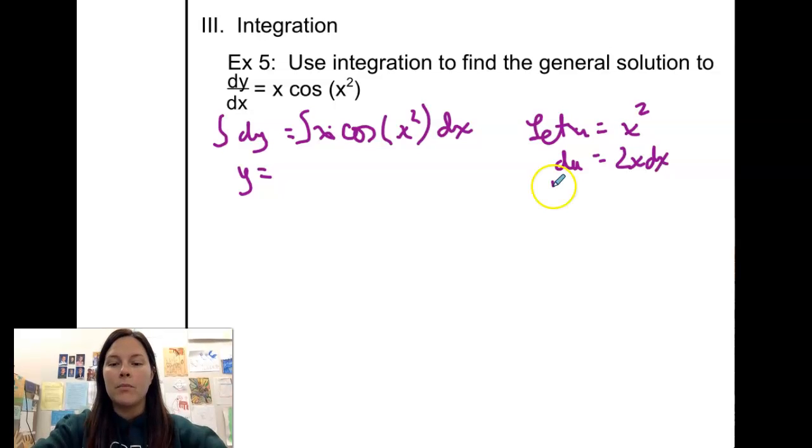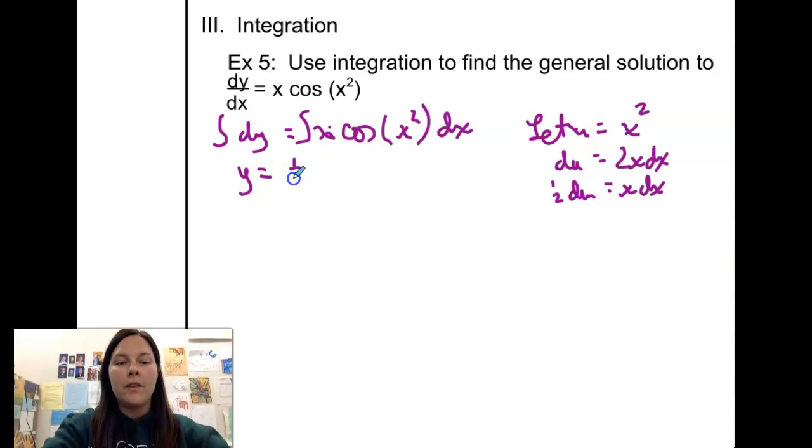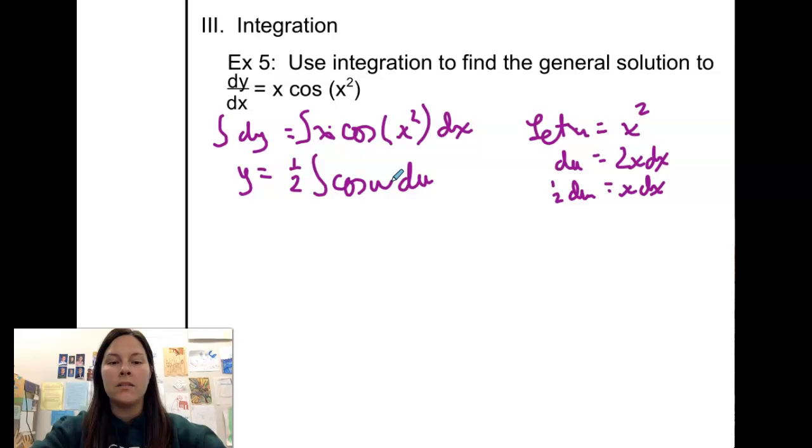And I can just multiply by that 1/2 to take care of the coefficient. All right, so I'm going to pull that 1/2 out front. The x dx gets replaced with du. And now I have cosine of u instead of the x squared.